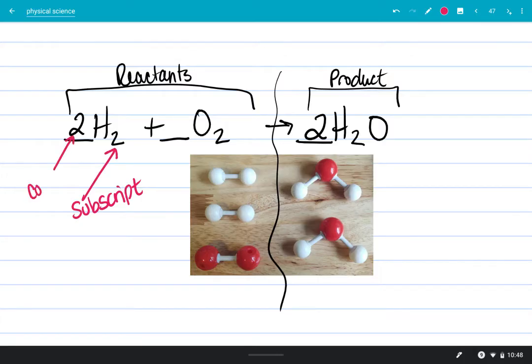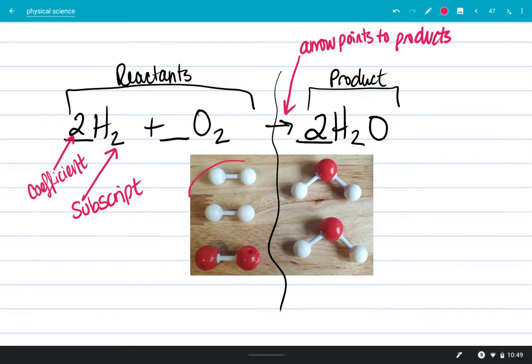That is a coefficient. Reactants are always before the arrow. Products are after the arrow. Arrow points to products, if that helps.